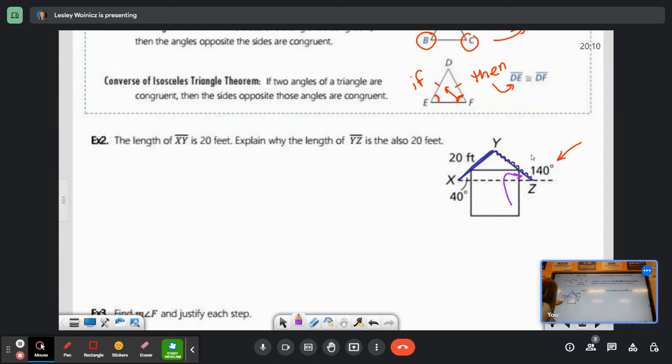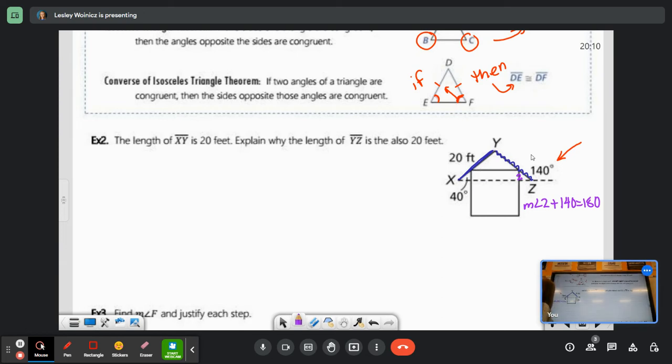So this little angle, let's just call him angle 2, because 2 is easier to see than 1. The measure of angle 2 plus 140 has to be 180 because those two are supplementary. They are a linear pair.